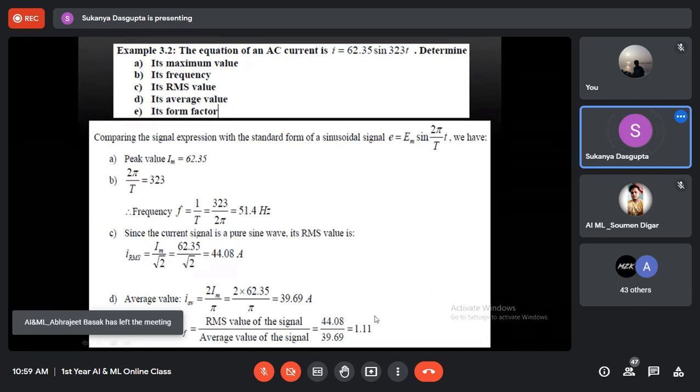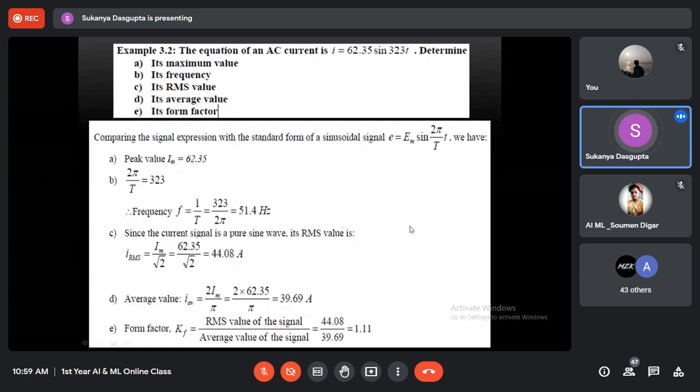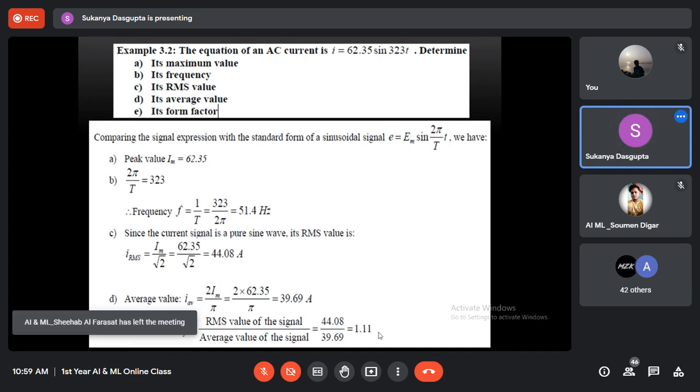Average value will be calculated as 0.637 into the peak value of current. So we get average value as 39.69 ampere and form factor equals 1.11. See, it's a sinusoidal signal and alternating signal, so its form factor is always 1.11. But in case of square wave, it will be only 1.